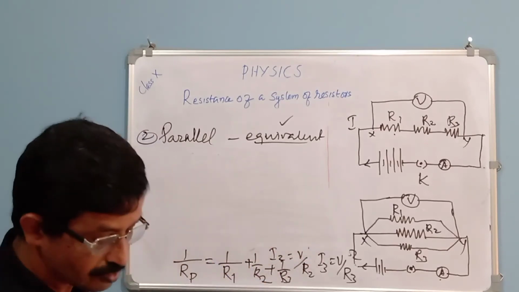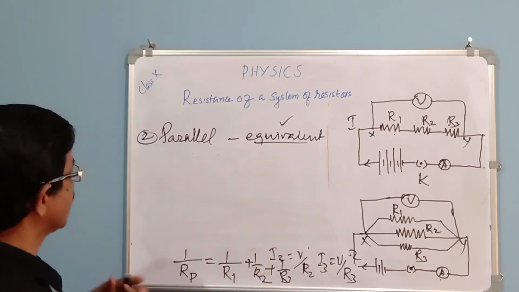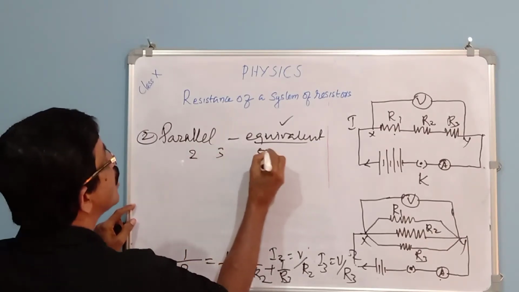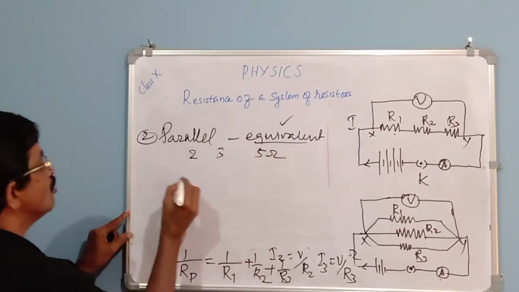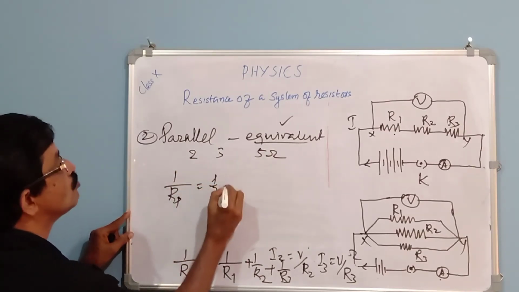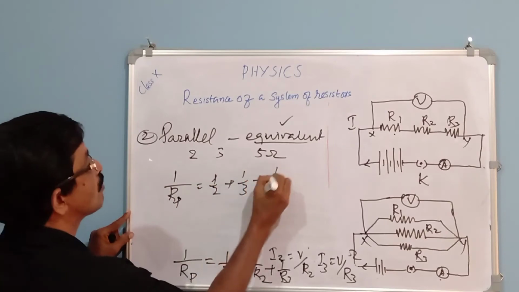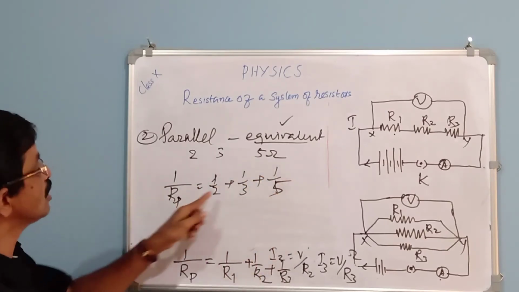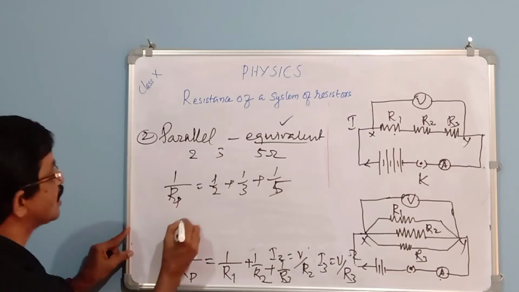If three resistors, suppose as shown below, 2 ohm, 3 ohm and 5 ohm are connected, then the equivalent resistance is 1 by Rp is equal to 1 by 2 plus 1 by 3 plus 1 by 5.